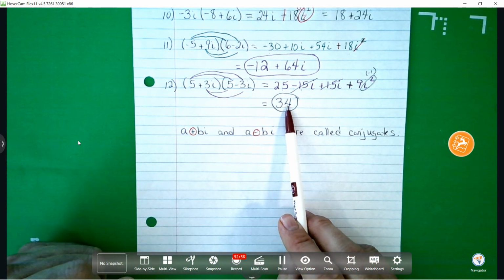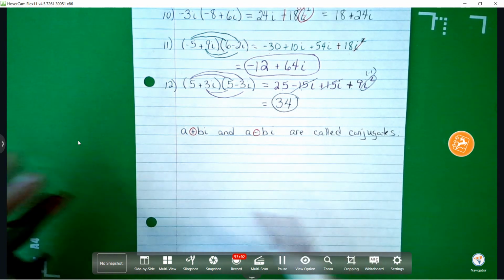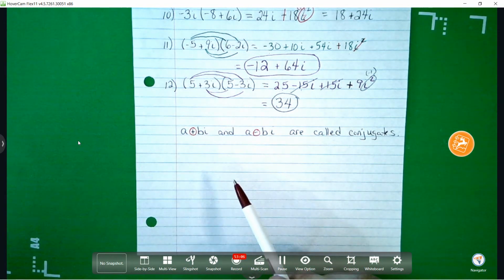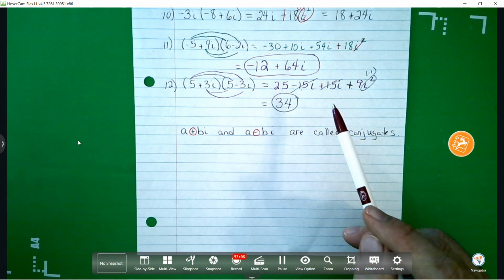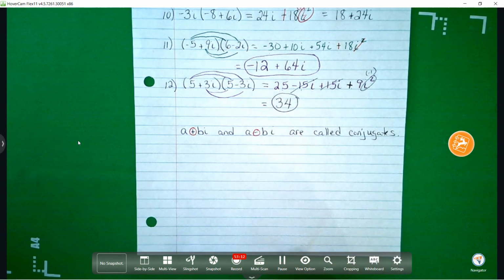If you multiply a plus b times a minus b, those middle terms are always going to subtract out. x plus y times x minus y, those are conjugates, and you just get x squared minus y squared.